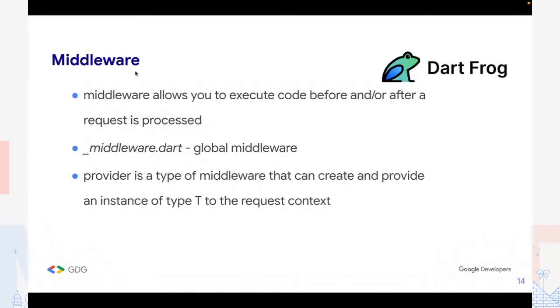And inside the middleware, we can use different techniques to introduce logic. Provider is a type of middleware here, like for example, provider, that can create and provide an instance of type T to the request context. So middleware is nothing but something, a file is requesting something from the middleware.